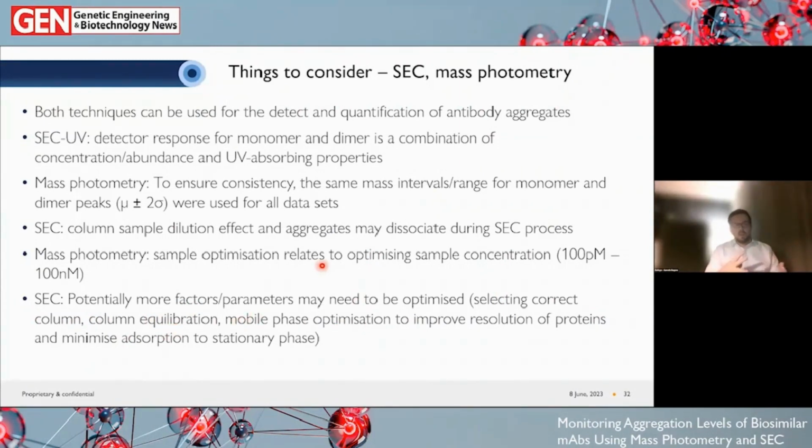Selecting the correct column, maybe column equilibration steps that also need to be performed before you can actually run the samples of interest. And also, there would more than likely need to be some optimization of the mobile phase as well to improve resolution of the proteins and to minimize absorption to the stationary phase.